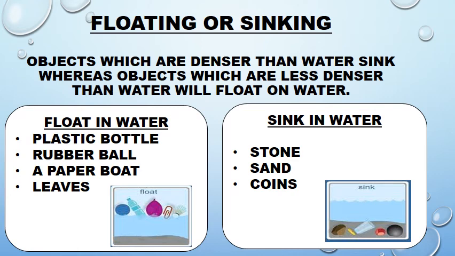So the idea is the objects that are denser than water will sink, whereas the objects that are less dense than water will float. This means that the density of sand, stone, and coin is higher than the density of water, whereas the density of a plastic ball, rubber ball, or paper boat is lesser than water.